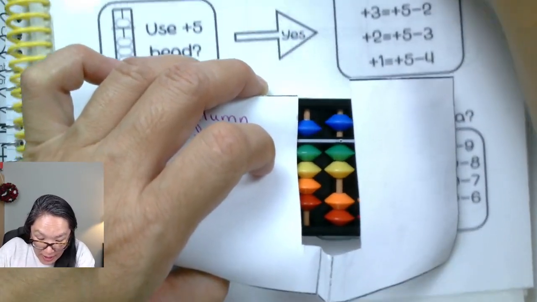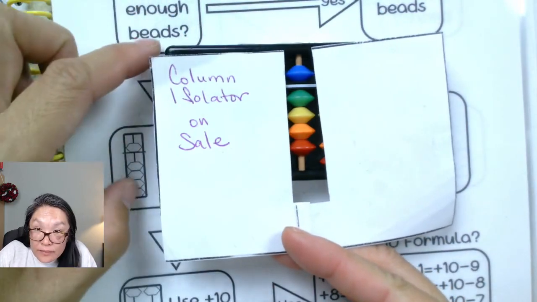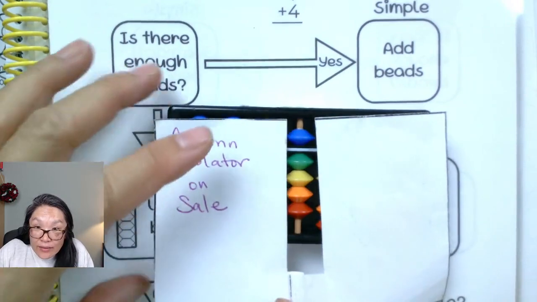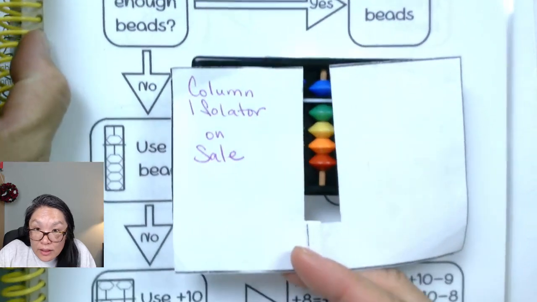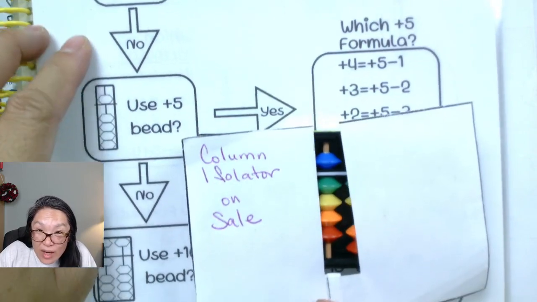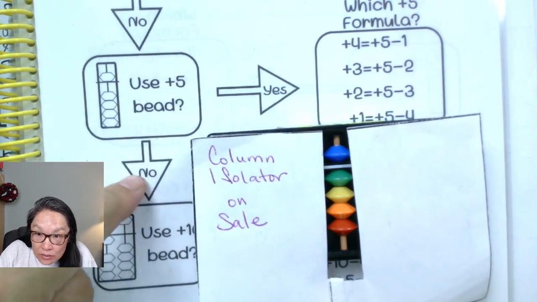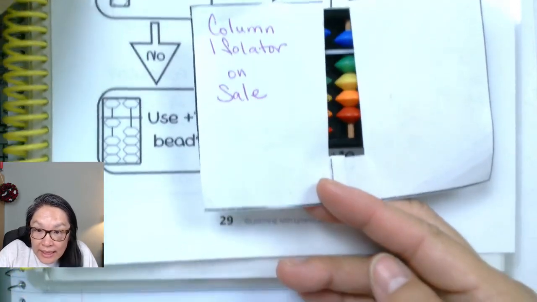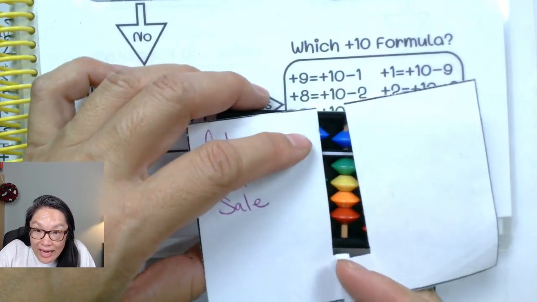Can I add the 1? Yes or no? Can I add the 1 here? No. Right? Can I add the 5? I'm trying to add 1. Can I add the 5? No. Then if that's the case, thank you, Laura, I want to add the 1.